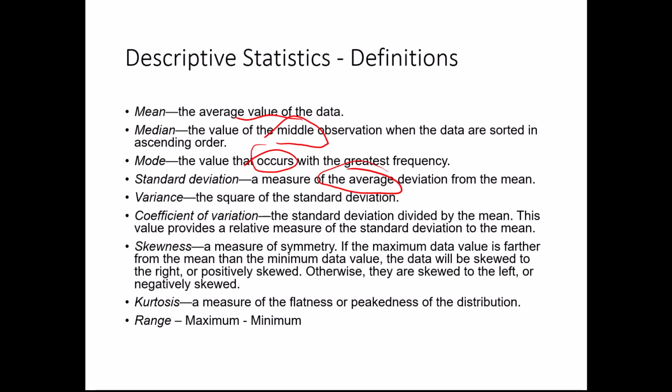This is actually what I take a look at the most. I call it the percentage of deviation by the mean, and if I have a high number, that means there's a lot of variation. The skewness is based on your symmetry, if the maximum data is farther from the mean, and the kurtosis is how flat it is, or if it's too high in the peak of the distribution.